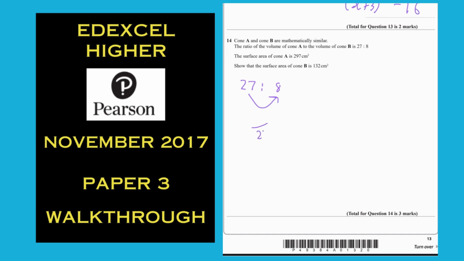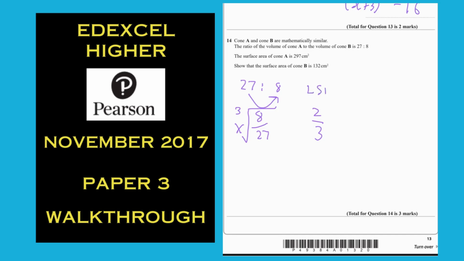The multiplier is always divide by what you've got, multiply by what you need. That's the multiplier for volume. But we want linear. Linear scale factor is 2/3. Cube root the top, cube root the bottom.